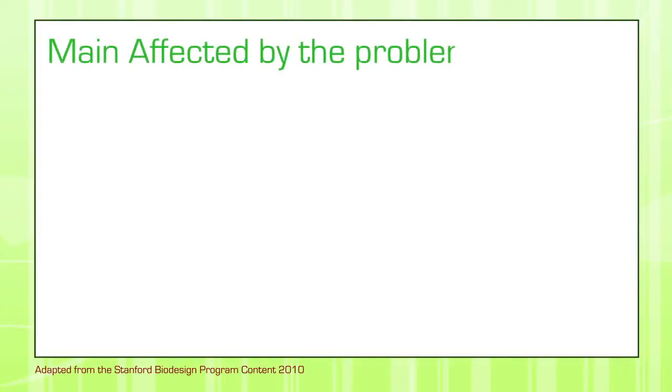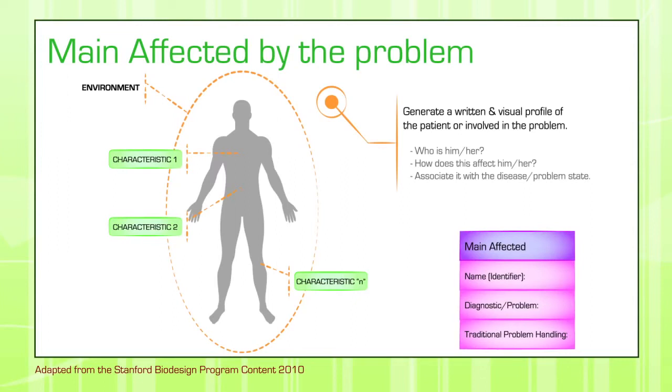One of the main things you have to explore in this disease state fundamental is to lay out the main affected of the problem. Even though in a certain problem or disease there are probably many people affected, the patient, the doctor, the hospital administrator, the family, there's always someone who is the most affected.